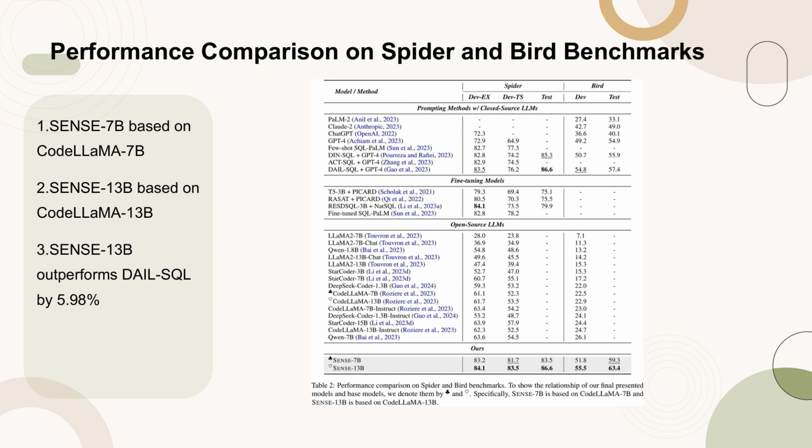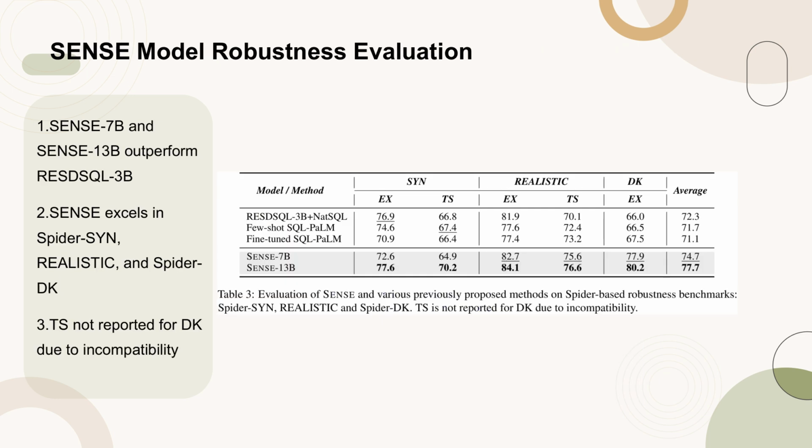Notably, Sense13B demonstrates superior performance, surpassing the DaleSQL model by 5.98% on the BIRD test set, indicating its effectiveness in text-to-SQL challenges. Table 3 evaluates the robustness of Sense models against various previously proposed methods on Spider-based benchmarks.